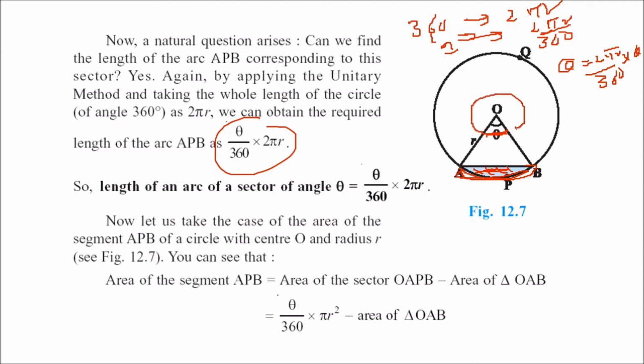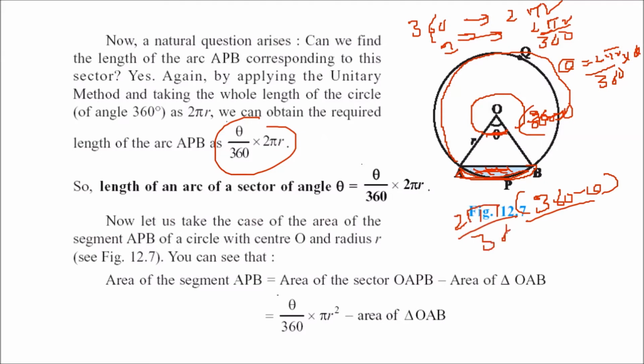So what will be this other arc? This is 360 minus theta. So the length of AQB will be 360 minus theta, into 2 pi r by 360. And now if you want to find this blue region, what you have to do?